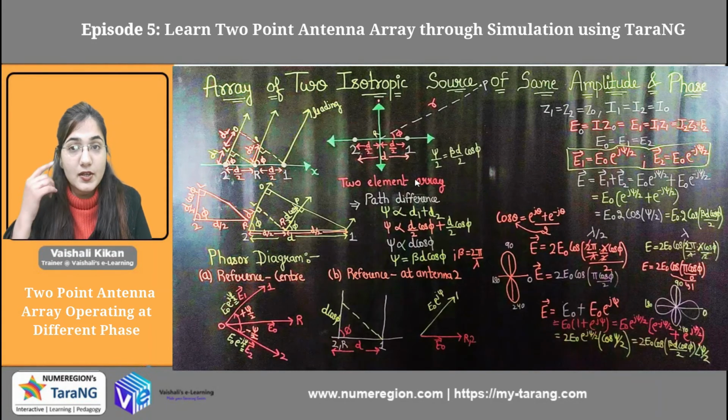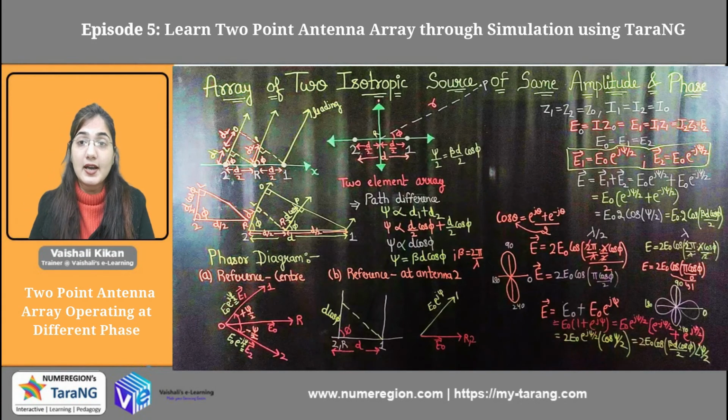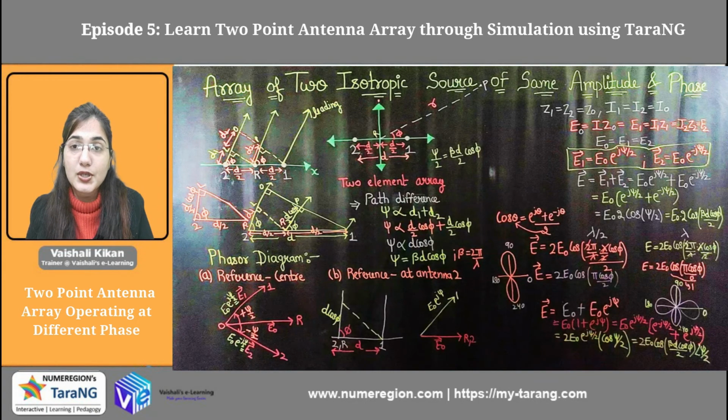So what I observed is we have two antennas which are similar, leading with the phase psi by 2 from the reference and lagging with the phase of psi by 2 from the reference. If I am saying that these two antennas are similar, it means both of them have the same impedance. So Z1 is equal to Z2 is equal to Z0.